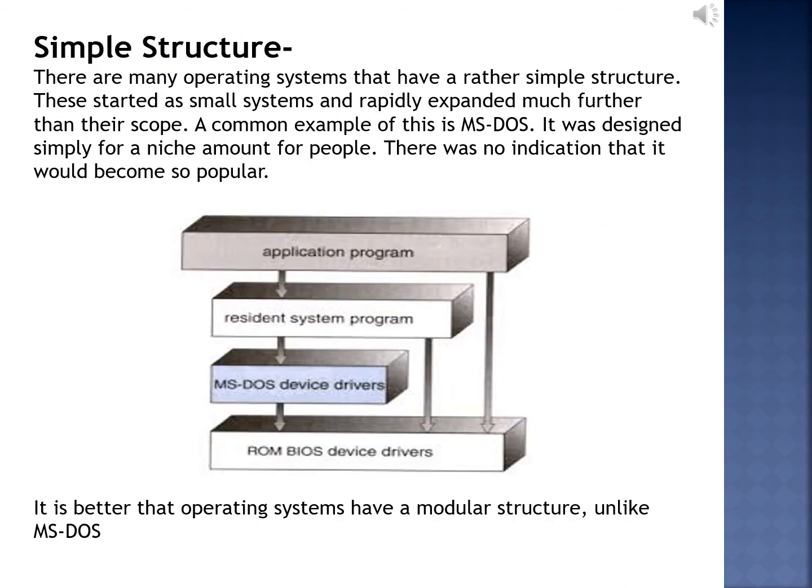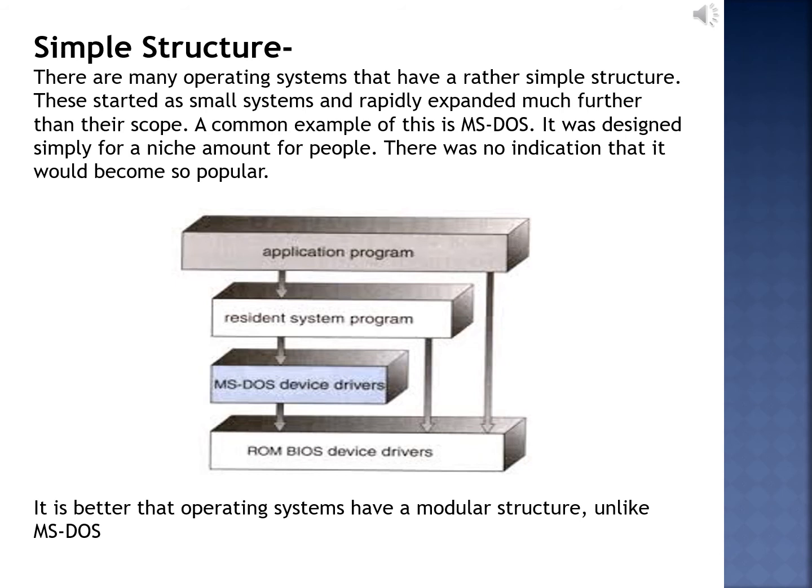The first structure is simple structure. There are many operating systems that have a rather simple structure. These started as small systems and rapidly expanded much further than their scope. A common example of this is MS-DOS.